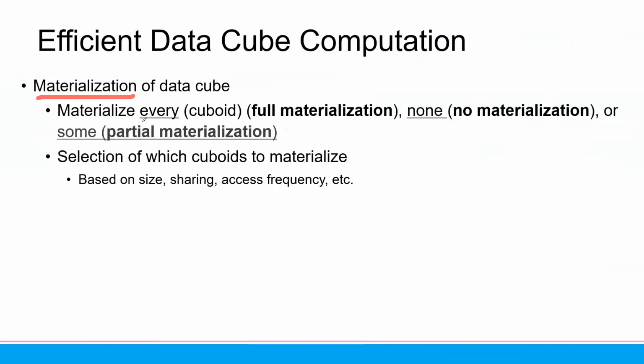If you want to use every cuboid, it means you will use full materialization. The worst case is no materialization, because you will not use any cuboid. But there can also be some or partial materialization.